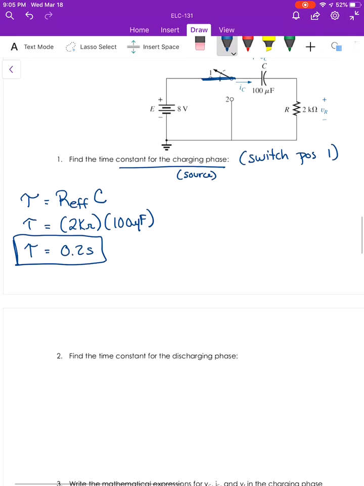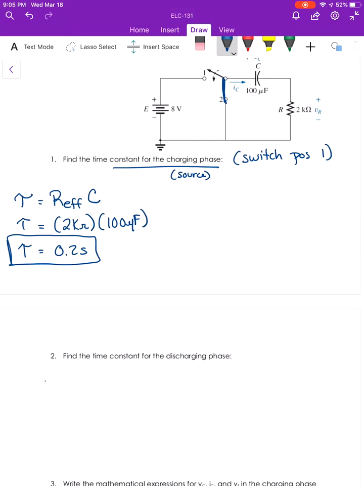Now, the discharging phase happens when we've got the switch in position 2, right here. And tau in that position, again, is the effective resistance times the capacitance.